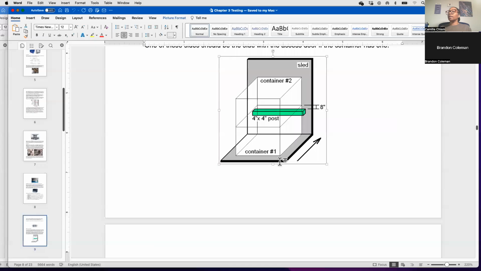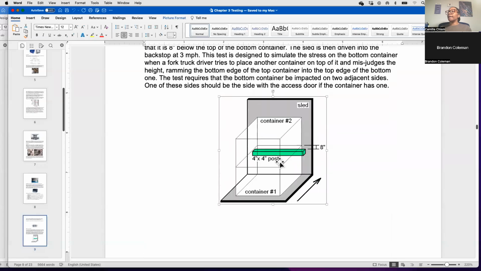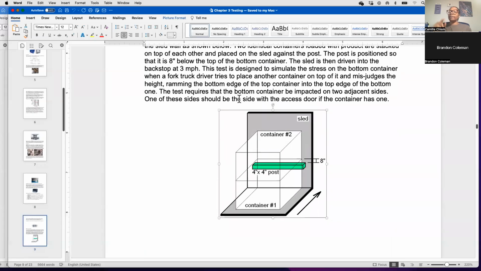So as I mentioned, if the bin has a door, you want to make sure that the side with the access door is facing the sled, because you want to see if there's a difference. You want to see if an impact to the access door causes damage. That is one of the most common repairs on these bulk bins that have access doors.